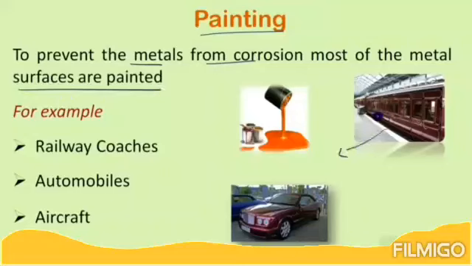Most metal surfaces, like this railway coach, have been painted, and similarly this car has also been painted. This prevents the metals from corrosion.